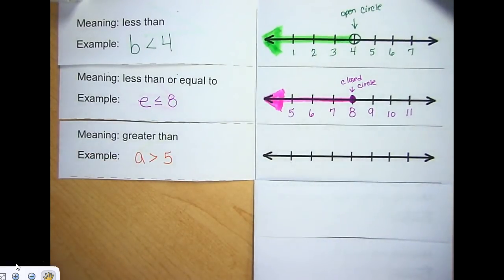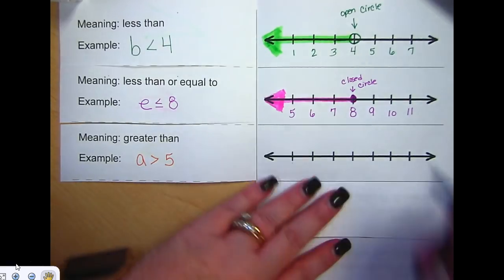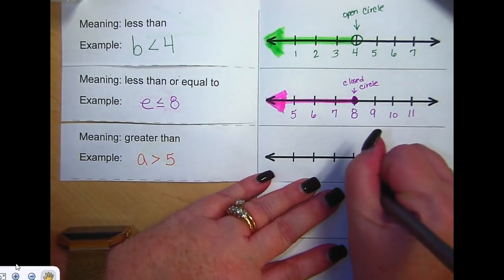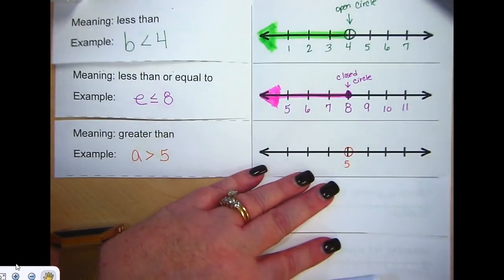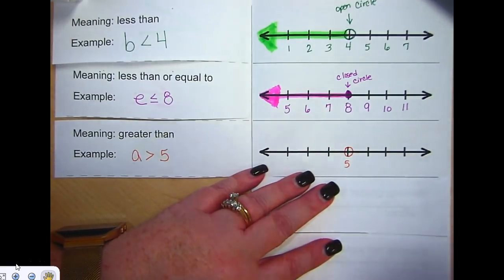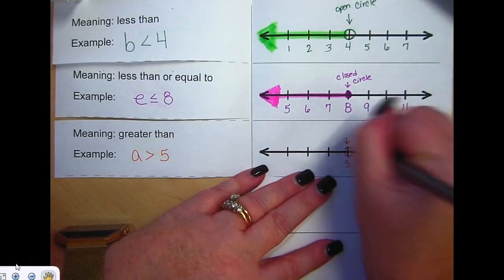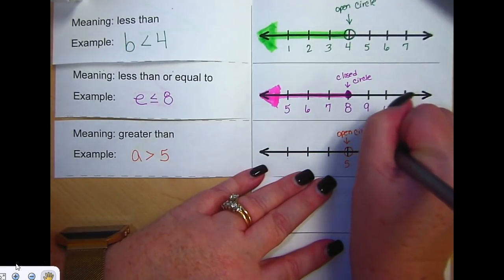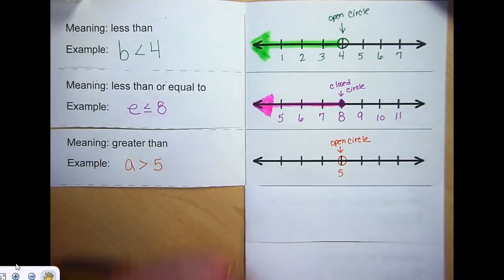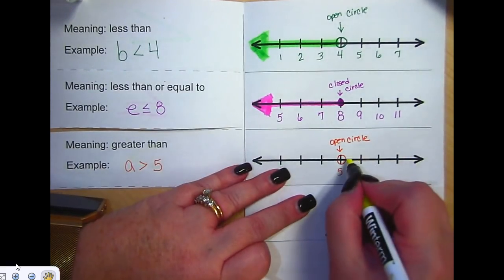So, could A actually be 5 if A is a number greater than 5? No, so it needs to have an open circle, right? Open circle because it can't include 5. It's all the numbers greater than 5. But we're going to go in the greater than direction.